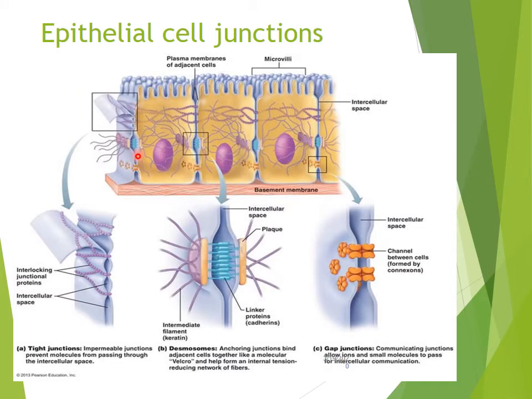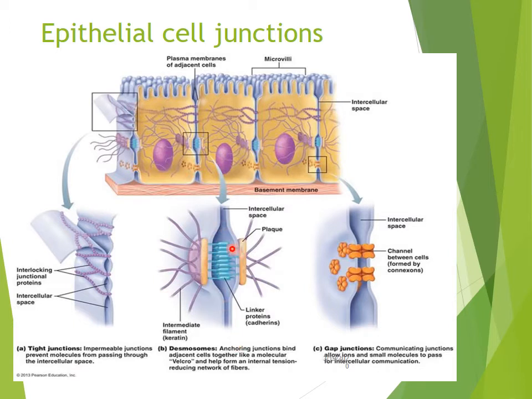Now, there are various types of these cell junctions. This diagram is showing you the epithelial cells resting on the basement membrane, and these lateral compartments show you the different types of cell junctions. We'll discuss each type, and you have to memorize the types of cell junctions, where they are located in the epithelial cells, and, very importantly, their linker proteins.